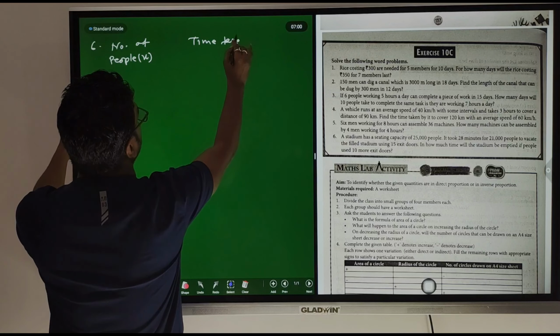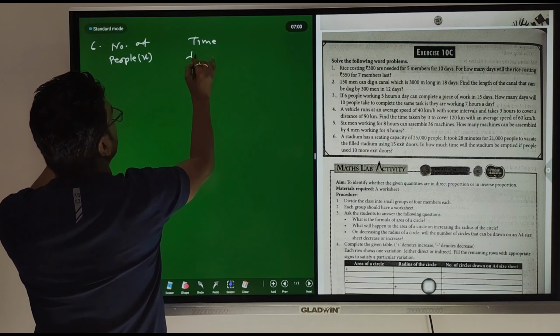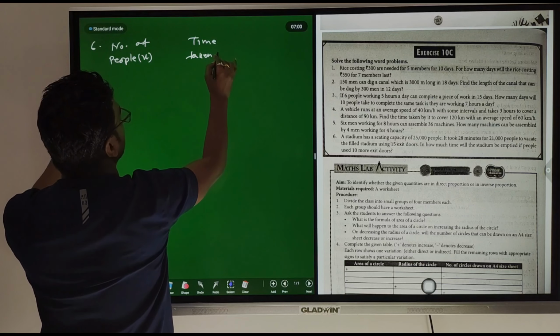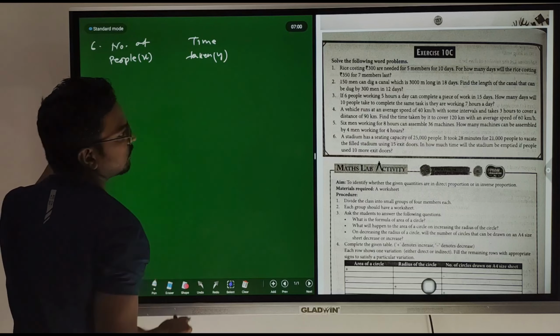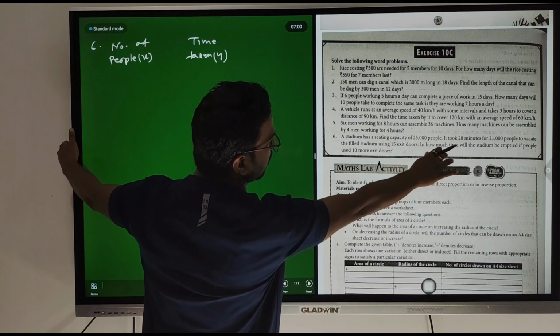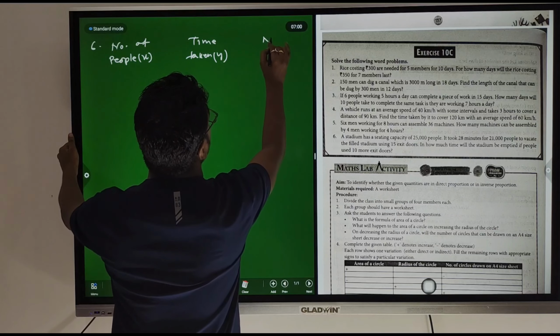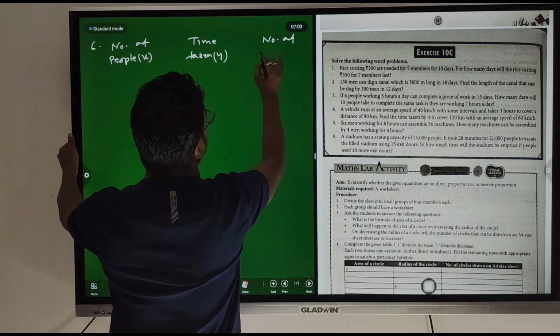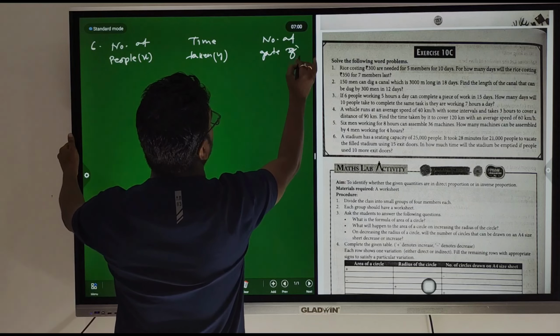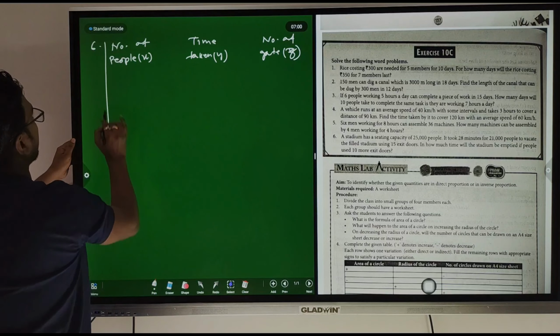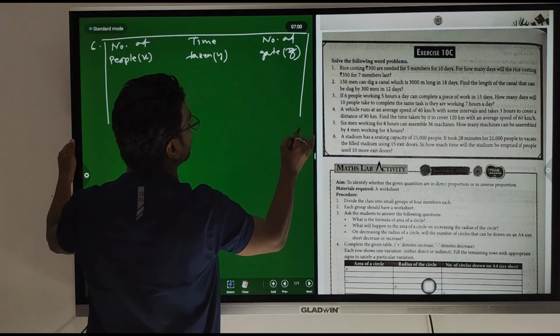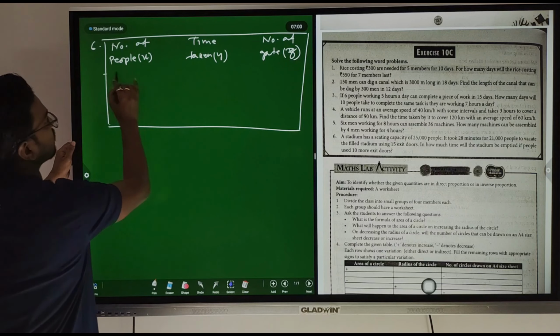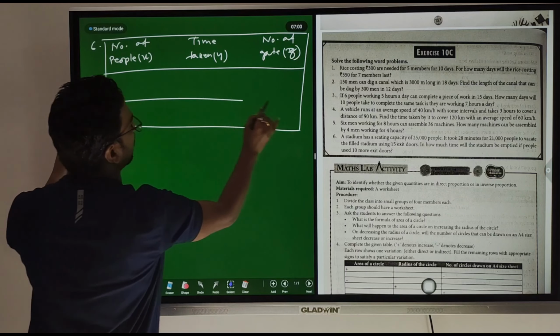Here you will see all are directly proportional, and here number of gates, that is z. Okay, all are directly proportional. Why all are directly proportional?